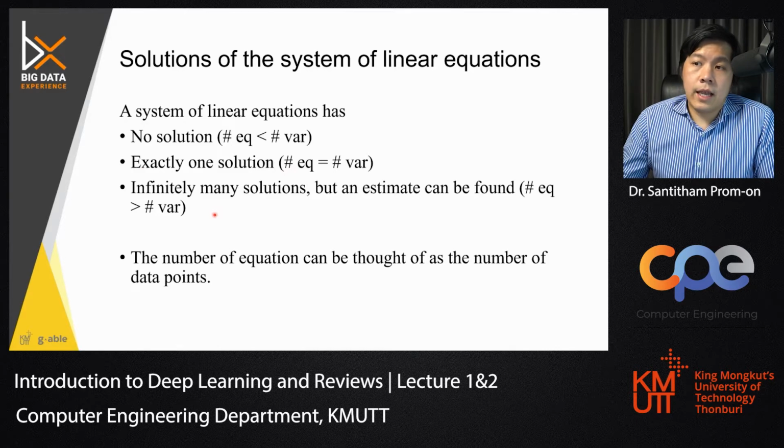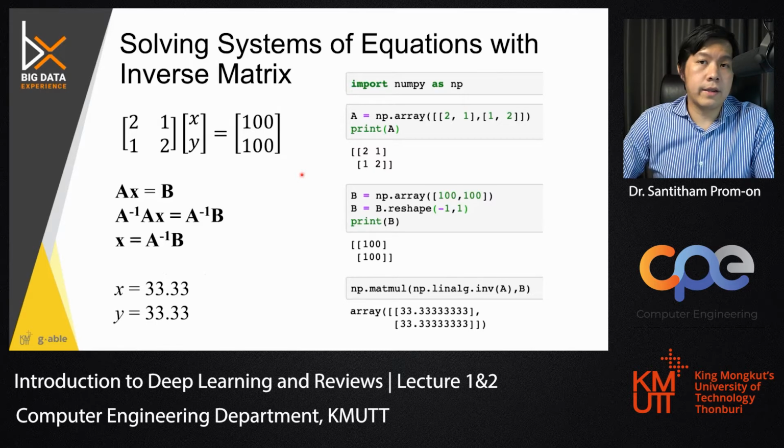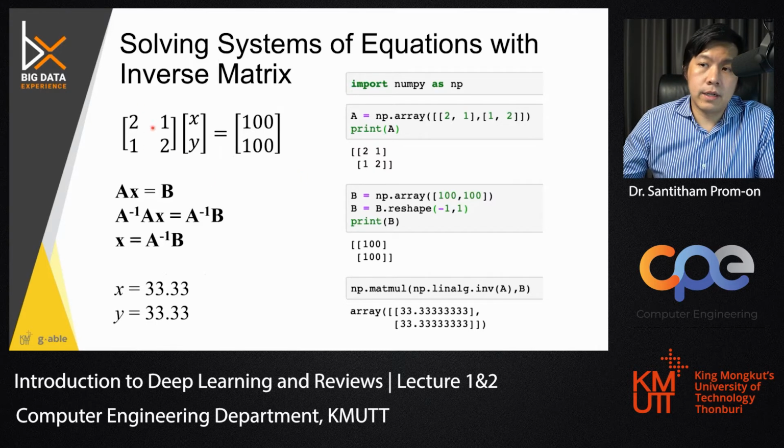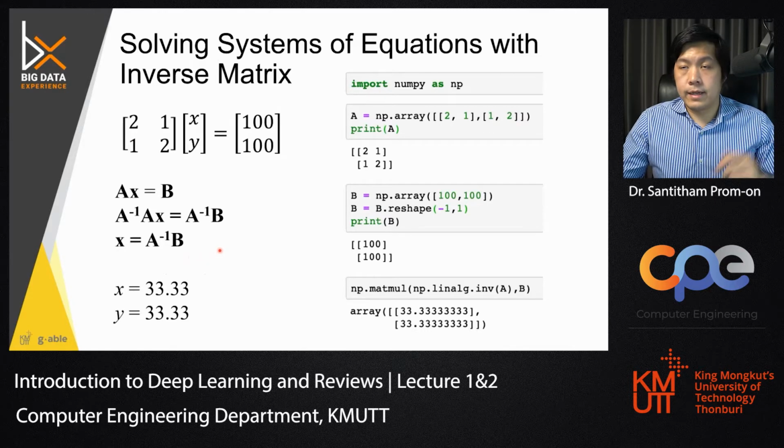In the case that you have the number of equations equal to variables, you can solve this matrix by finding the inverse. By representing this as Ax equals b, you can multiply the inverse of A to this matrix, and then you get x equals A inverse b. Right? This is what you learned back then.